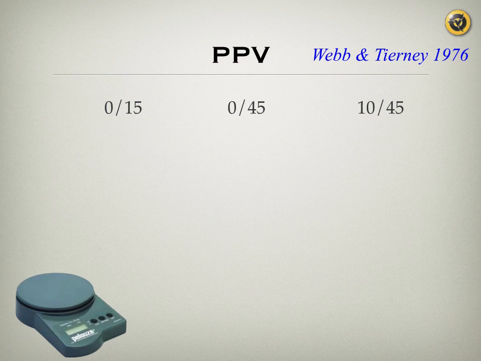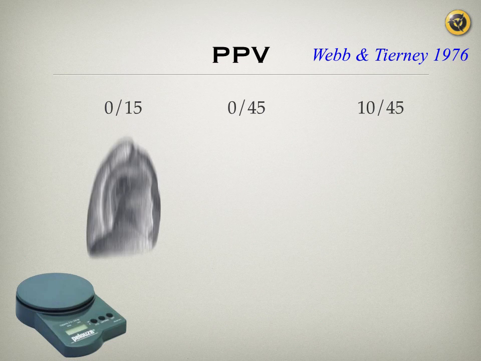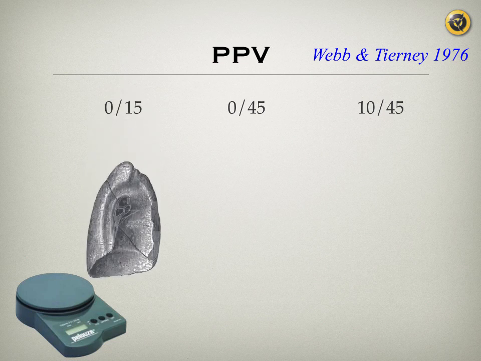Now if the lung is injured and inflamed, then the lung will collect more water and it will weigh heavier on the scale. So the first animal was ventilated with 0 to 15, and that lung was weighed on the scale. And then they did 0 to 45, and hence the lung was full of water and way heavier.